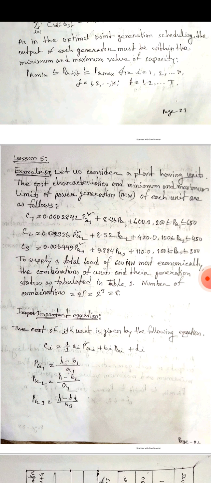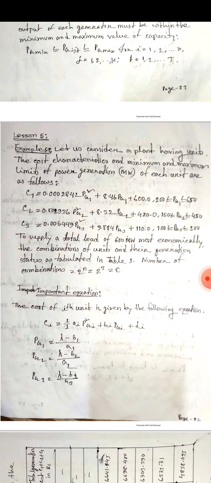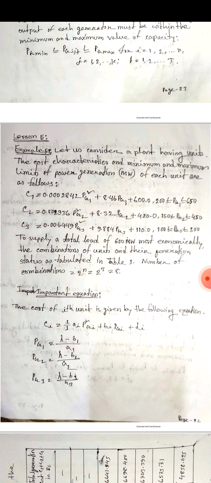To supply a total load of 600 megawatt, determine economically the combination of units and their generating status as tabulated in table 1, the number of combinations.